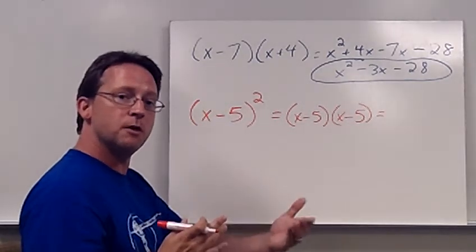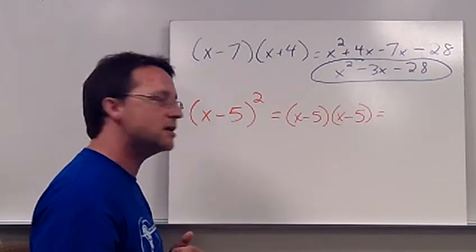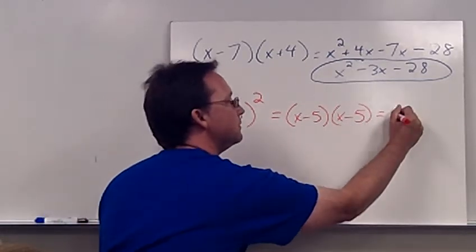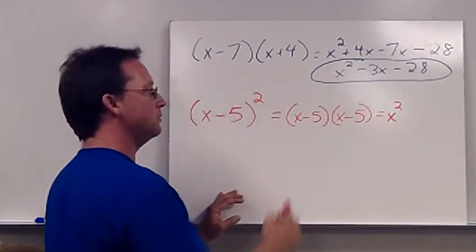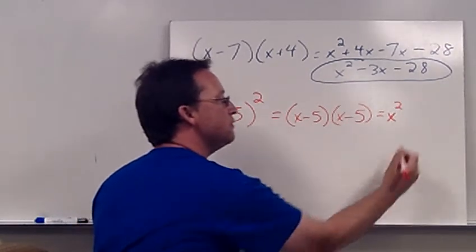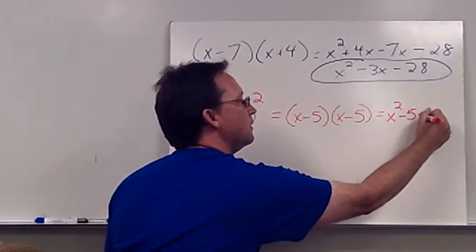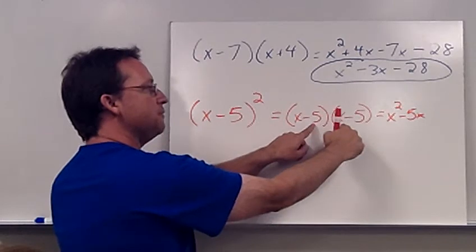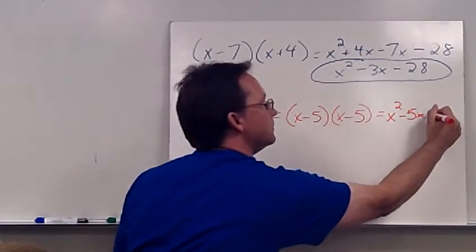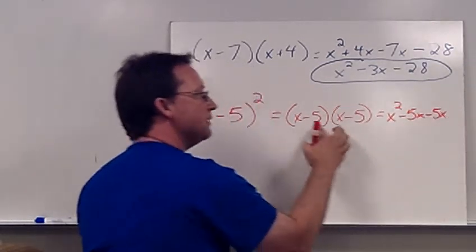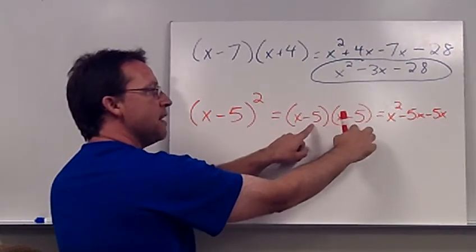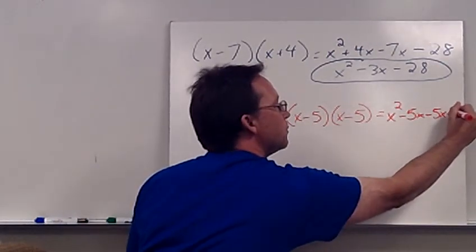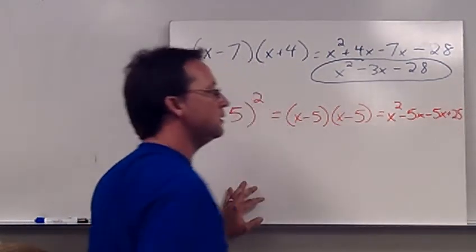So we're doing a distributive property again, or we're doing that FOIL process. X times x, x squared. X times a negative 5, and then a negative 5 times x. And finally, be careful of signs again, negative 5 times negative 5 gives you a plus 25.